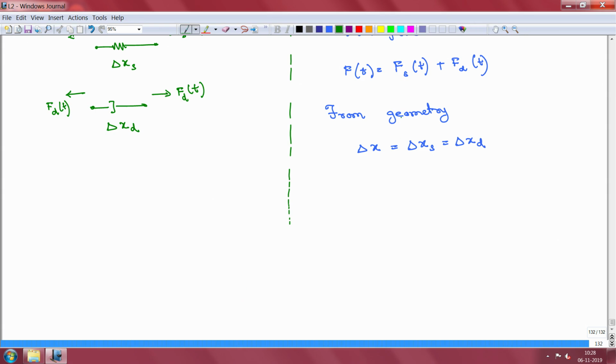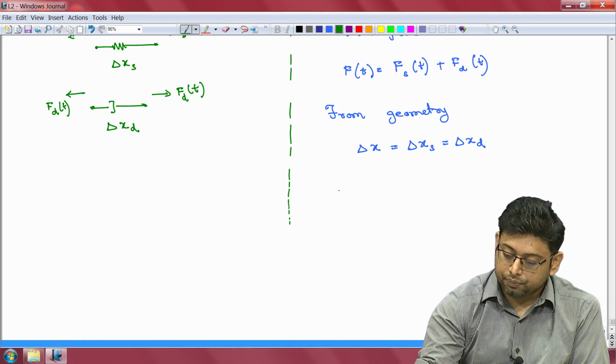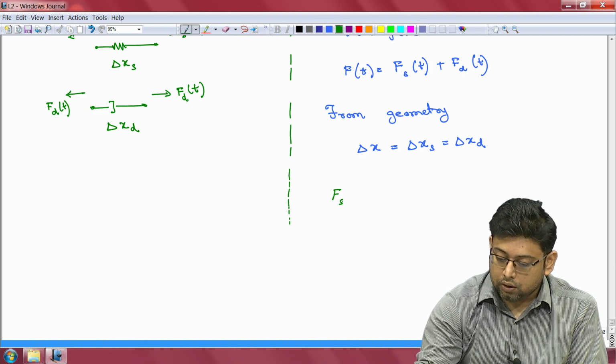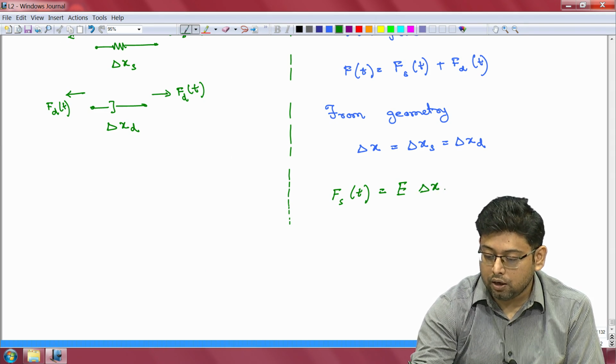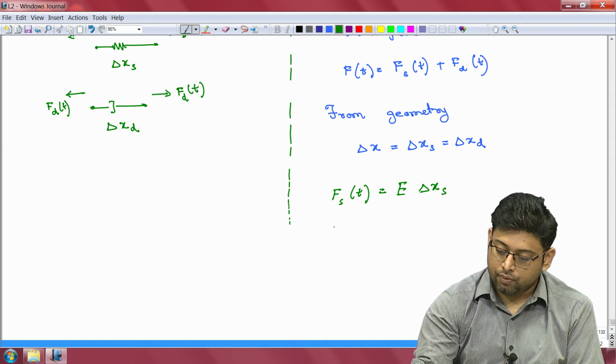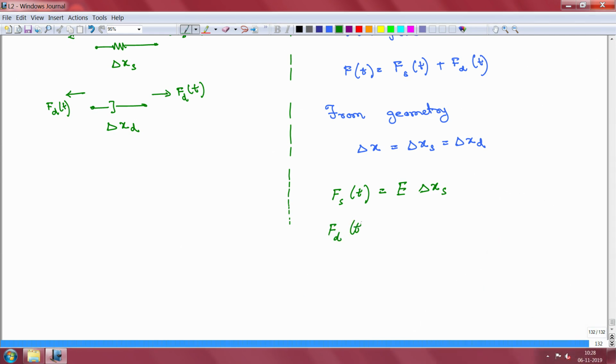Now let us write the individual equations that apply to the spring and the dashpot. The first should just be a result of how the spring behaves. Now if I add these two equations, what we end up having is Fs plus Fd, which we know from force balance is equal to F(t).